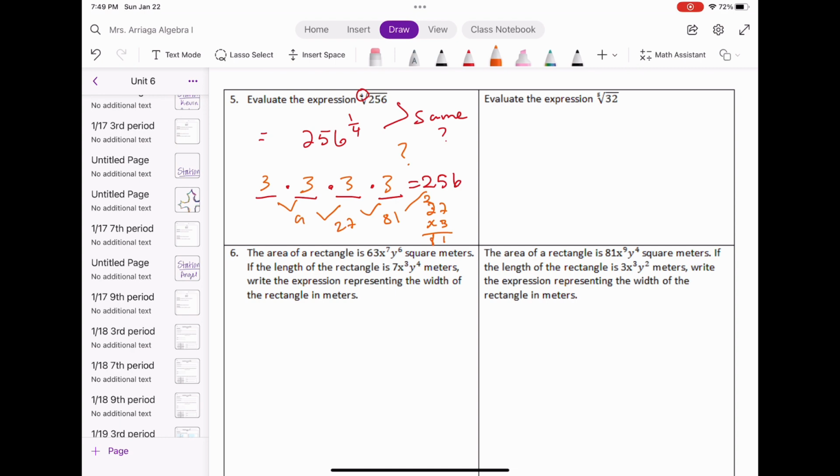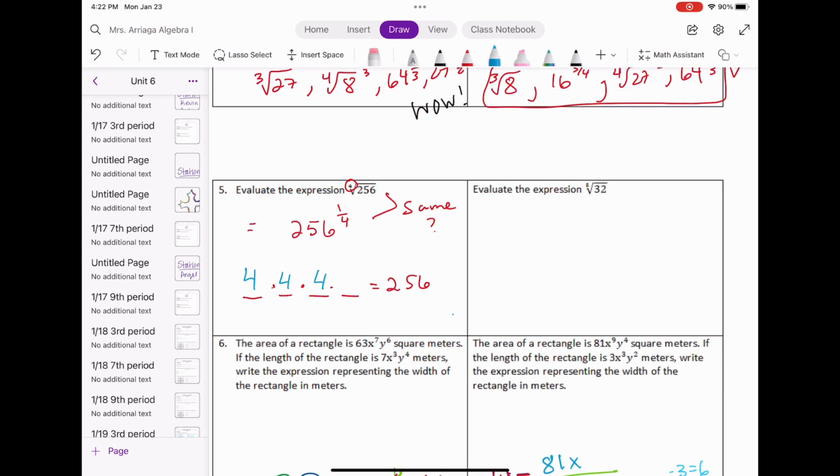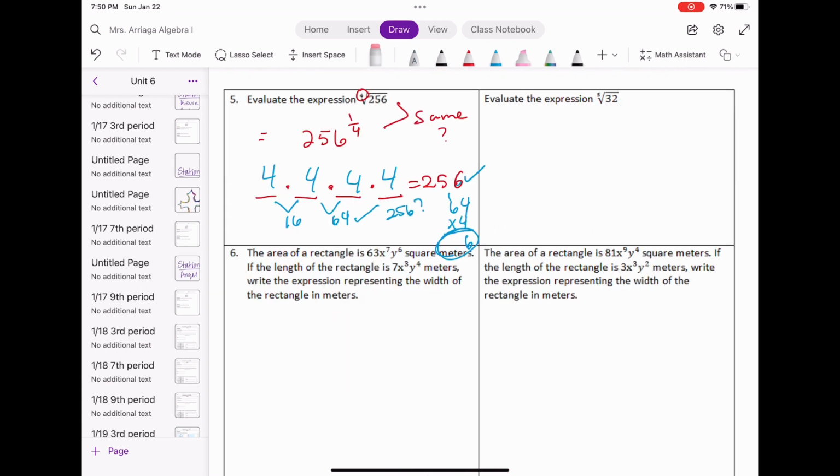Scratch it off, and let's try 4. So 4 times 4 is 16. Times 4 is 64. And times 4 is, let's check, let's do the math, 256. And if it works, then that means that the 4th root of 256 is 4.